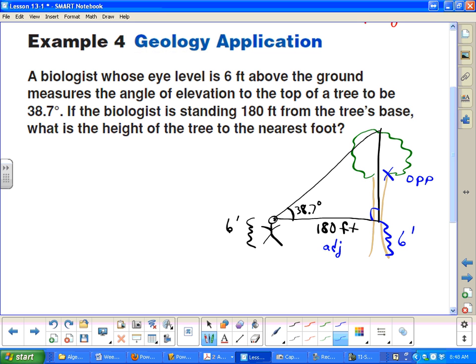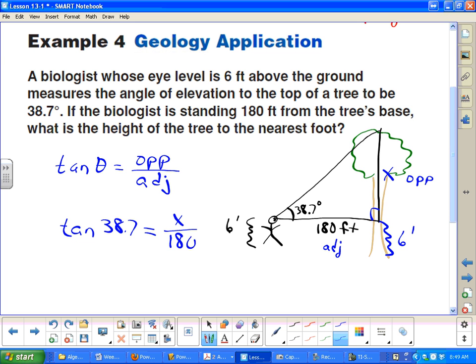So which one of the three functions works with opposite and adjacent? Tangent. Okay? So tangent of an angle is equal to opposite over adjacent. So we have the tangent of 38.7 equals x over 180.